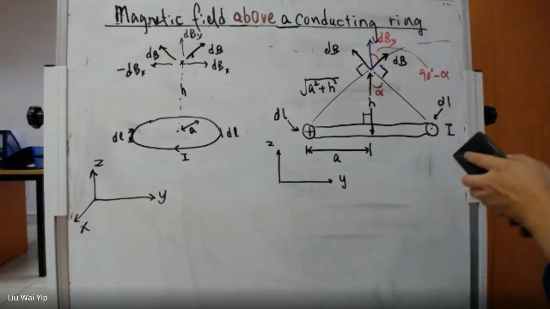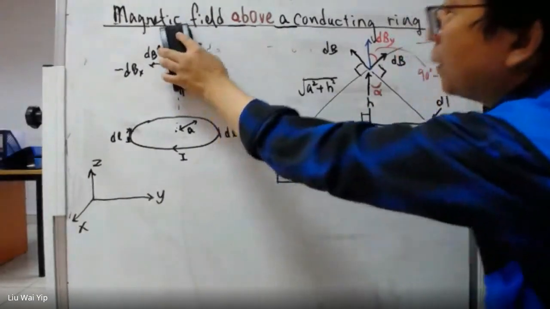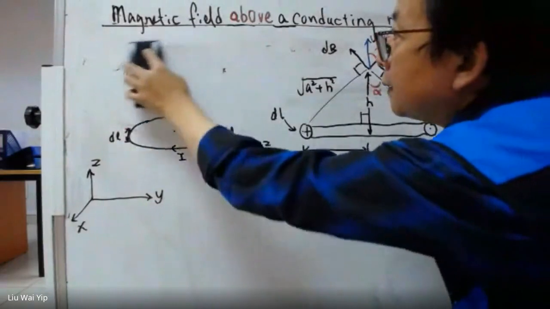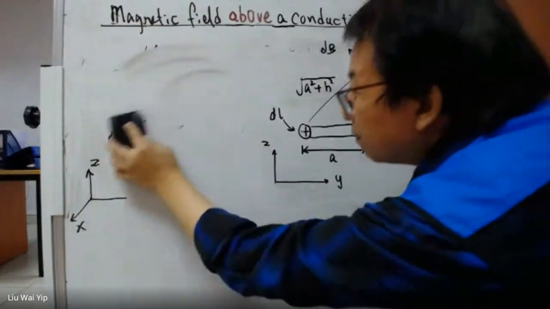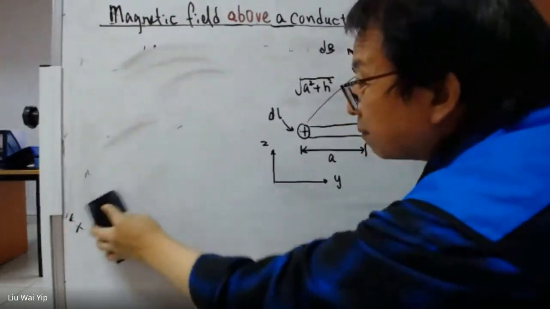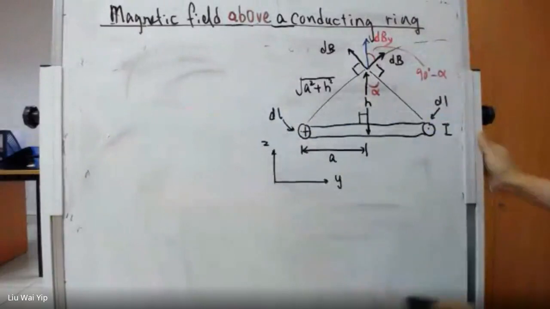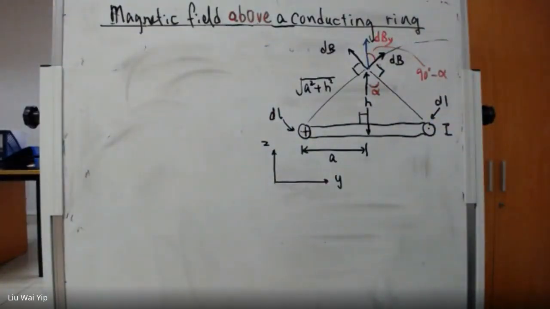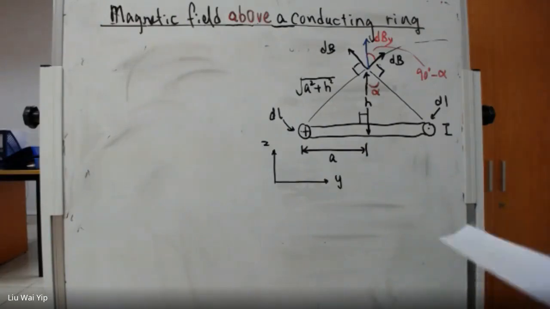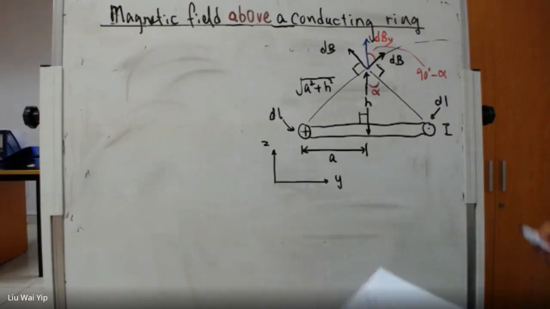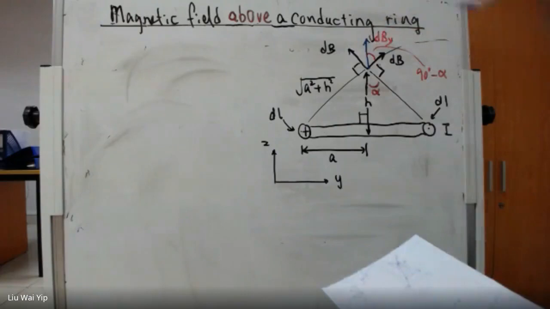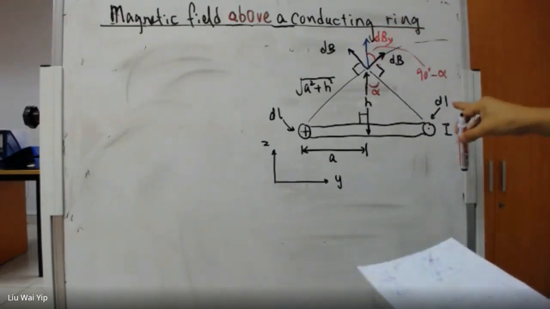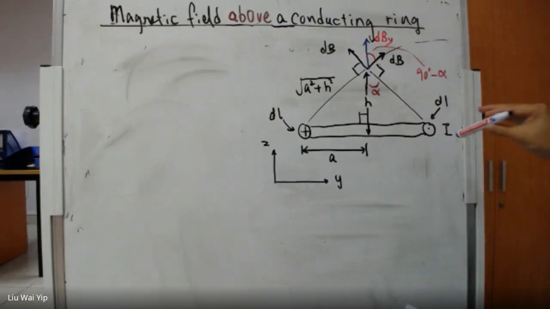Okay, now let's start from here. We don't need the three-dimensional diagram. Now we need to find the magnitude of delta B. According to what we have got here, the magnetic field dB and delta L form a right angle with each other.